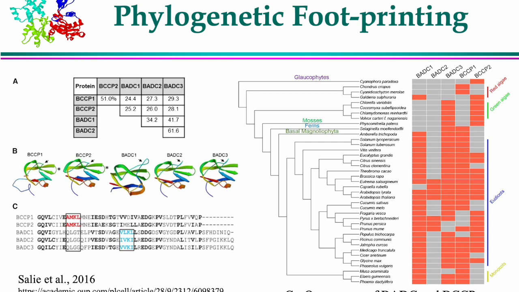Of course, in different species, they have a slightly different distribution. But the big picture is that the BADC gene probably emerged after red algae and started to be present in green algae, and later becomes more advanced.